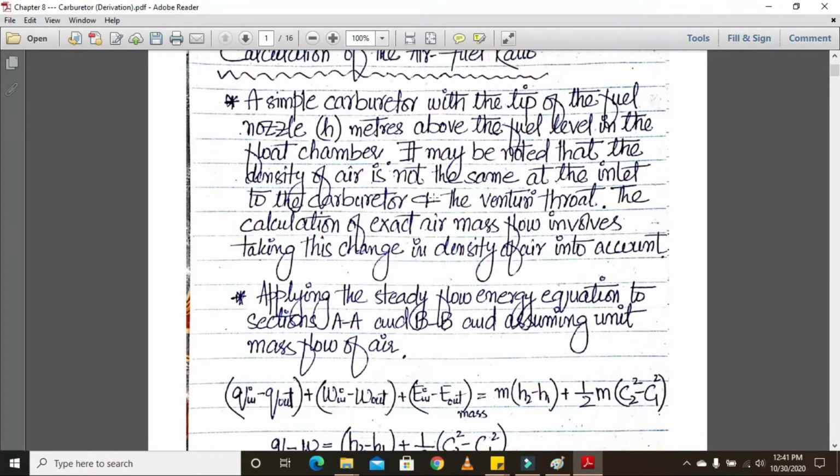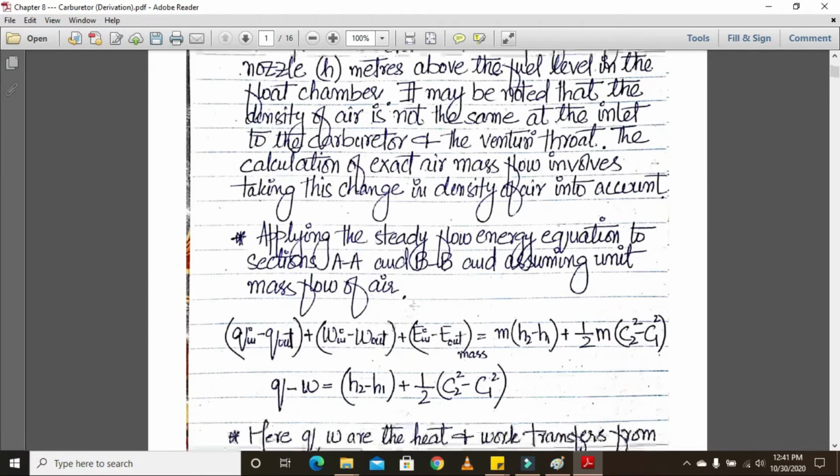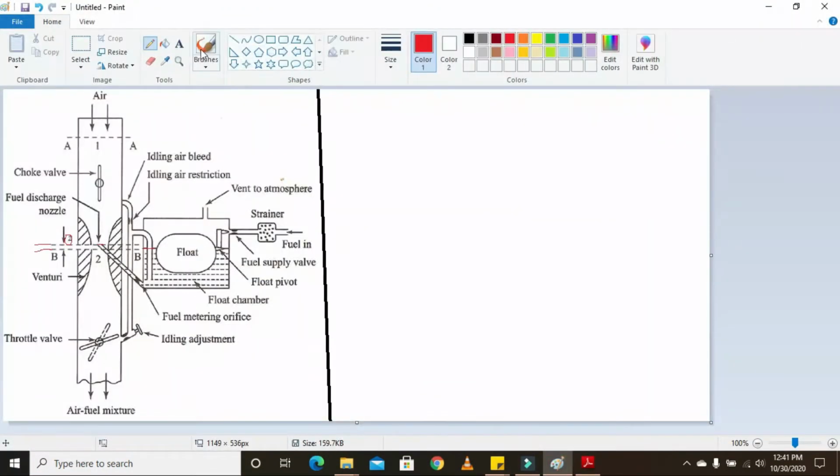First of all, we will determine the mass flow rate of the air when we are taking the change in velocity into account. What we will do is simply apply the steady flow energy equation at the inlet and outlet sections.